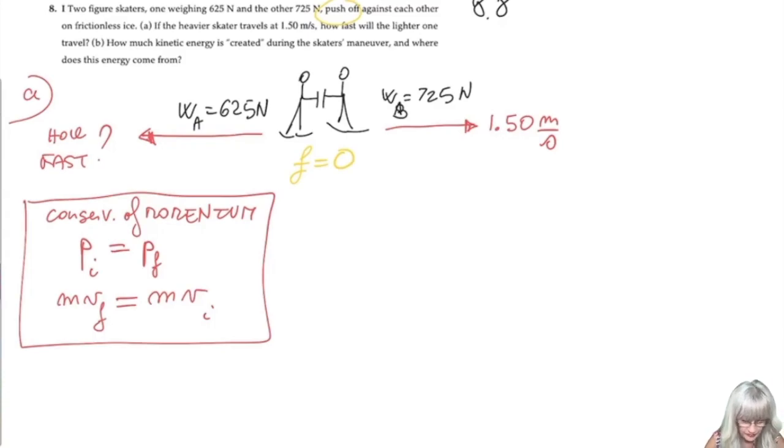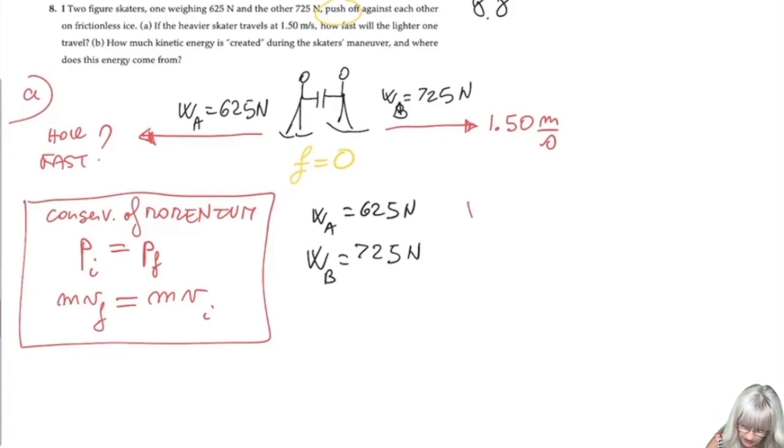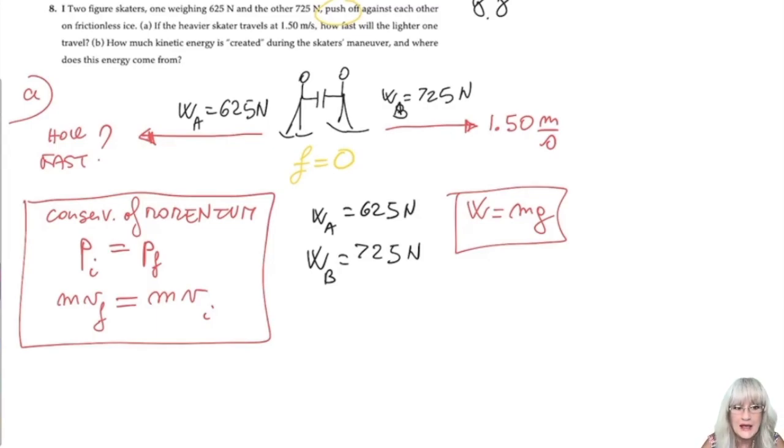What do we know? The weight of A, 625. Weight of person B, 725 Newton. You do remember that the weight is nothing else than mg, another recall, mass and the acceleration of gravity. Why do I do that? Because I want to derive the mass.